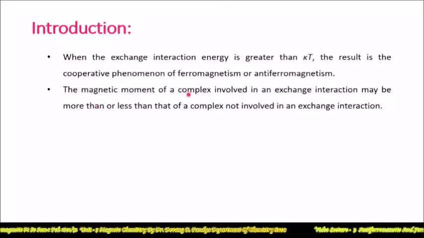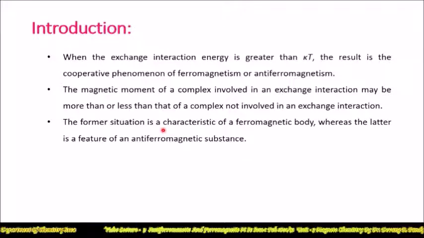The magnetic moment of a complex involved in an exchange interaction may be more than or less than that of a complex not involved in an exchange interaction. The former situation is a characteristic of a ferromagnetic body, whereas the latter is a feature of an antiferromagnetic substance.